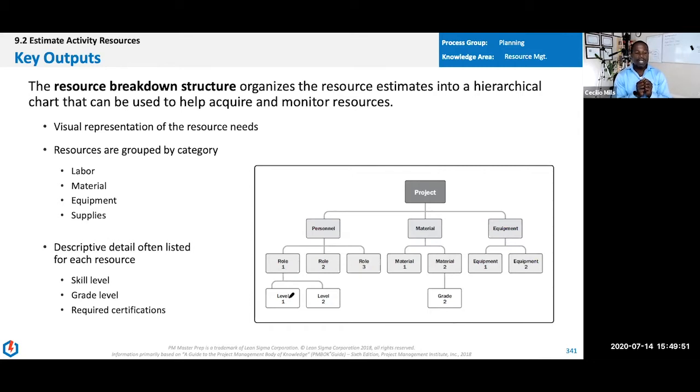By the time of version 6, PMI, just know that every 3 to 6 years, PMI looks to update the PMBOK, the Project Management Body of Knowledge, this big book here. What happens is they'll send out surveys to all the project managers and say, hey, what's new in the field? What are you seeing?